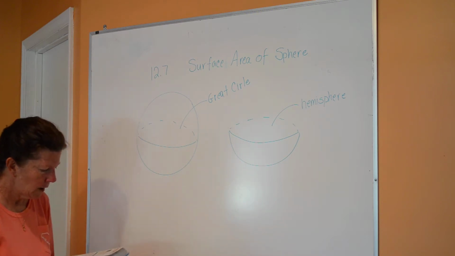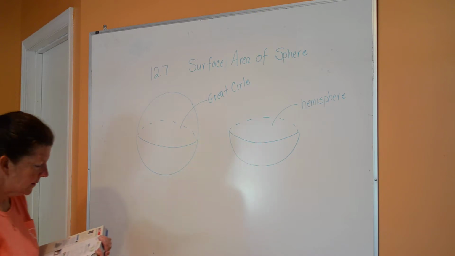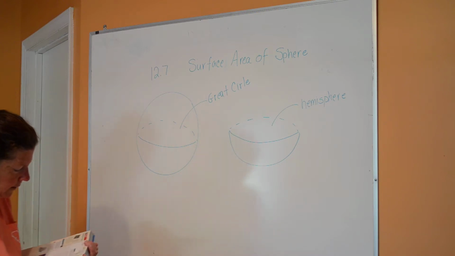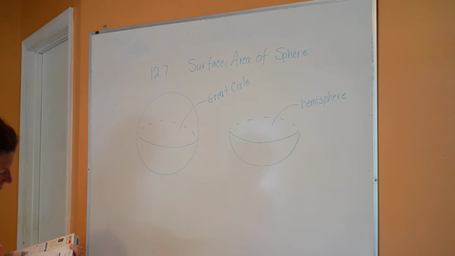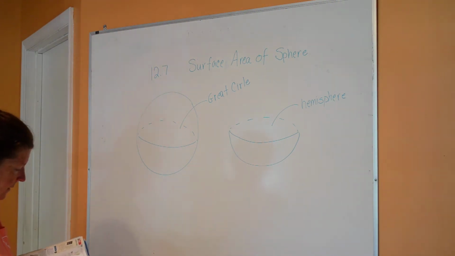Look at example 1, and it shows a plane going through a sphere. It says in the figure, O is the center of the sphere, and plane R intersects the sphere in a circle, A. So you've got circle A, which is the circle that's formed when it intersects.